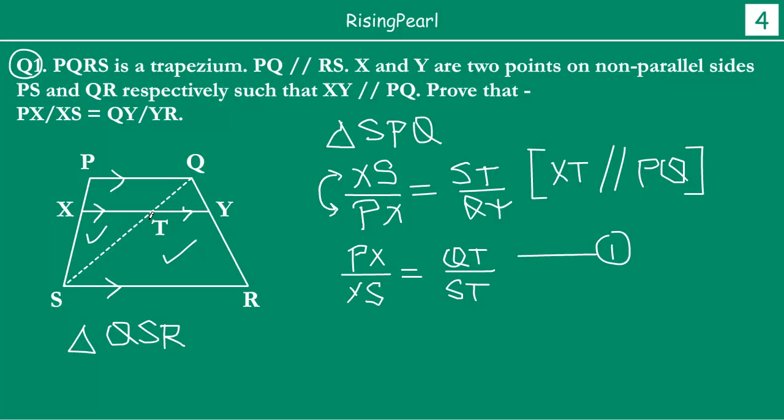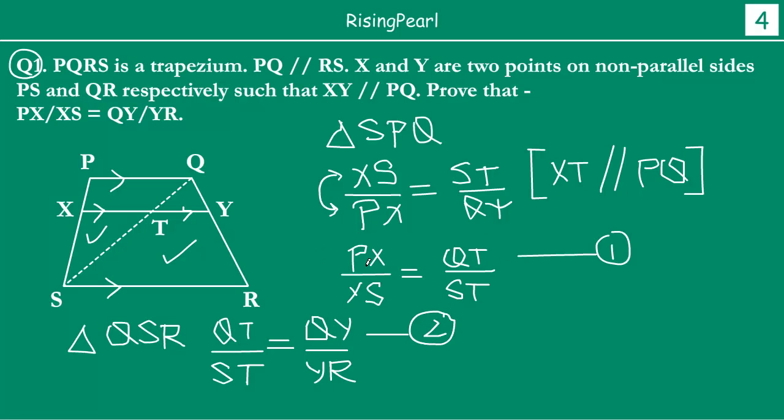So let's write the ratio. QT divided by ST must be equal to QY divided by YR, right? Let's call this our second condition.